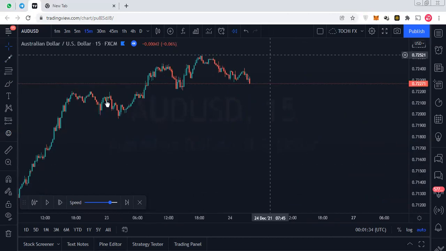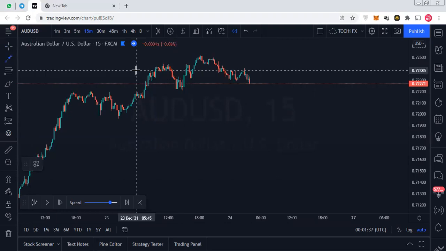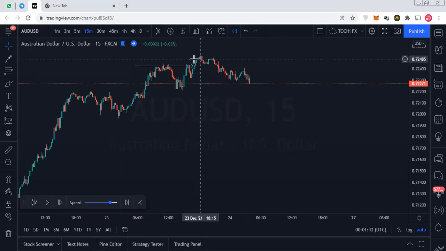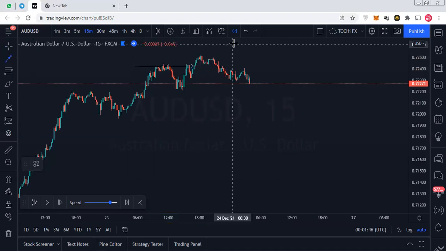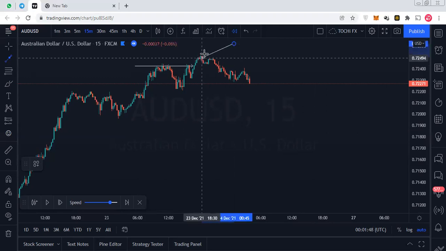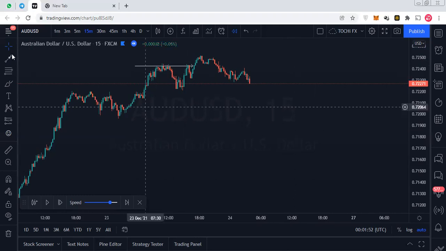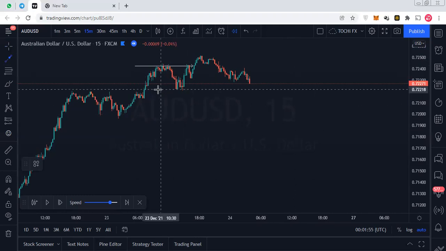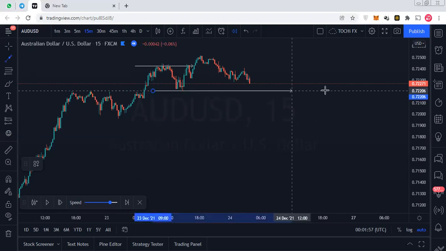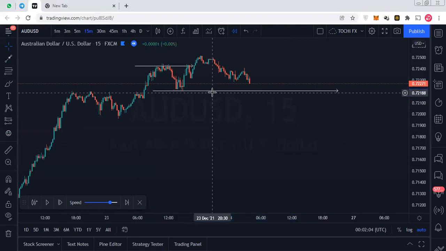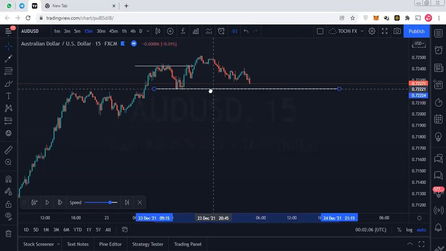Okay, now when you look at this trade, you have this range. Now you have up here taken out first. This has taken the up first. Now as the up is taken, I want the down to be taken also.